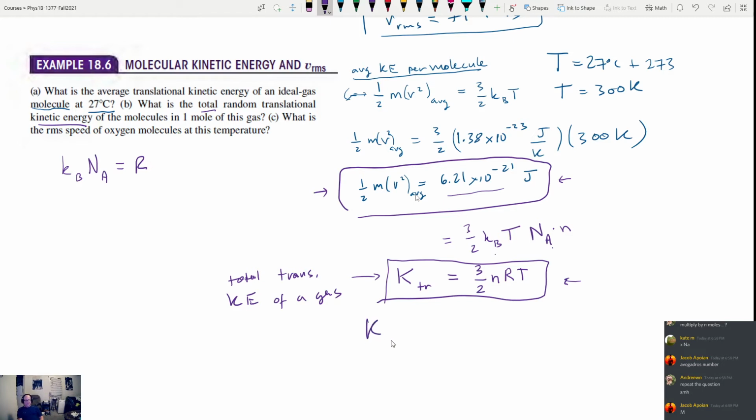So we're going to get the translational kinetic energy, that's what the TR stands for, is 3 halves times 1 mole times R, which is 8.31 joules per mole Kelvin, times the temperature, which is 300 Kelvin.